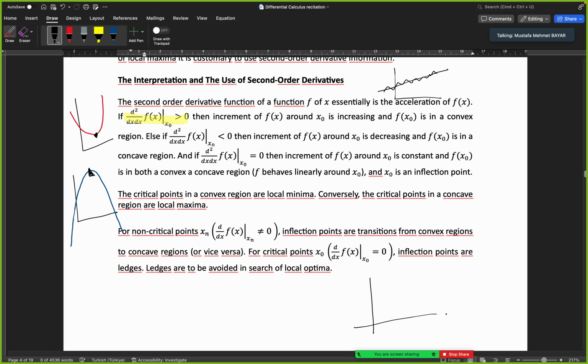So let me just draw an arbitrary function here. Here it behaves convexly, and then it just changes its mind and starts behaving concavely. Just the opposite, I said it wrong. In this part, it is concave, and at this part, it becomes convex, and this is your inflection point.